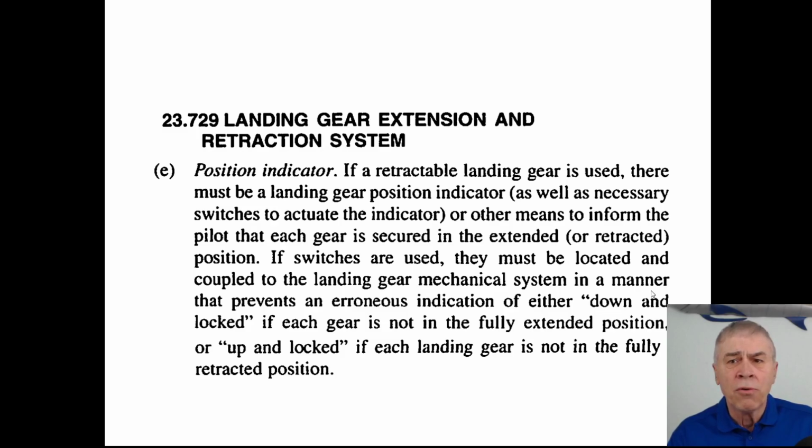Just do not erroneously place the switches, I believe, is what the second longer sentence is talking about. Certainly don't place them in a manner where it could actually give a false indication. But basically, the words we're looking at are: there must be a landing gear position indicator.